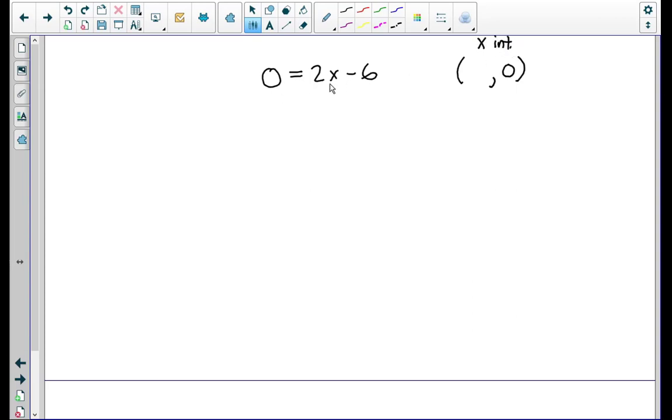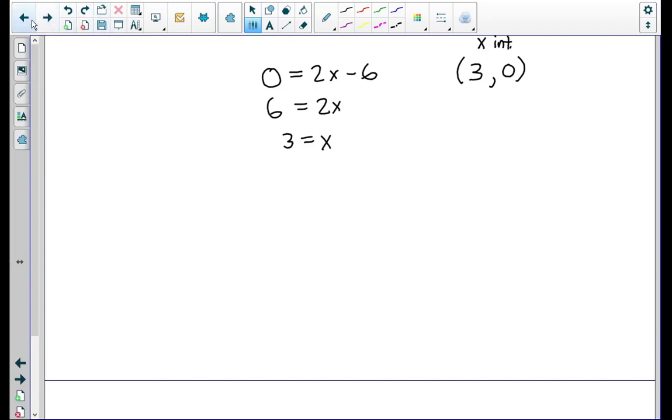So I solve for x. I'm going to add 6 to both sides, and then divide both sides by 2. I'm not going to show that work. You know how to do that. It's pretty easy. So x equals 3. That's the x-intercept you should have gotten when you paused the video and tried this problem for yourself.